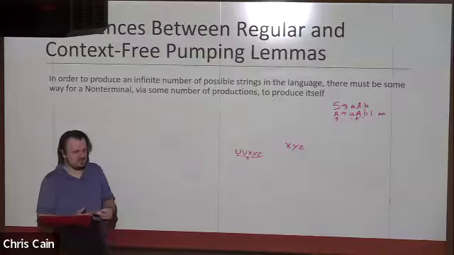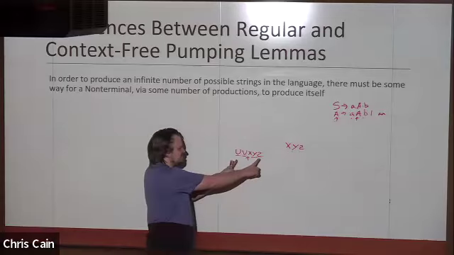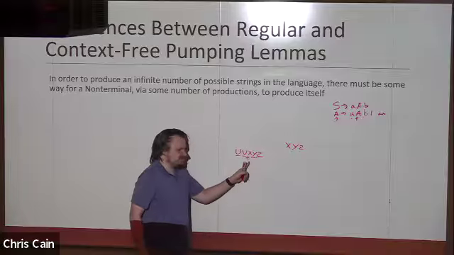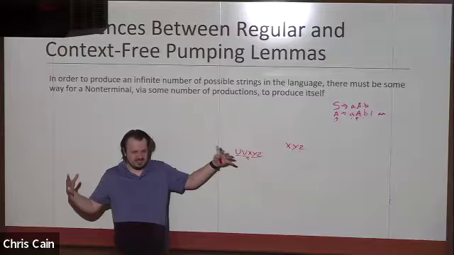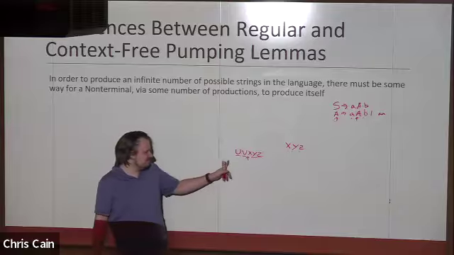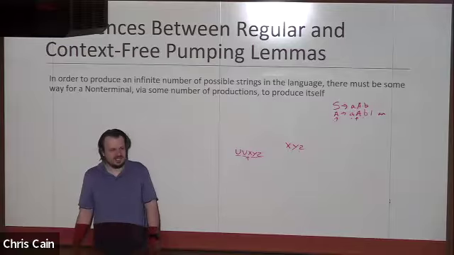And we have a string that's in the language. So the characters that get us to the recursion, the characters produced by the recursion, and the characters that get us from the end of the recursion to the acceptance, the string that's in the language. And this version of that string is going to be what maps to a context-free grammar.